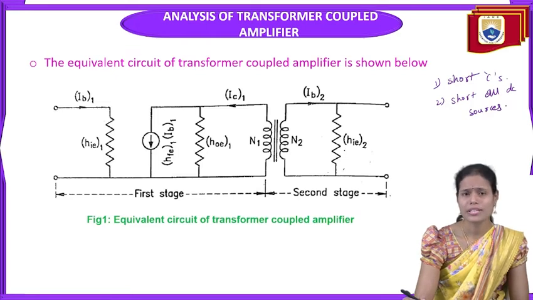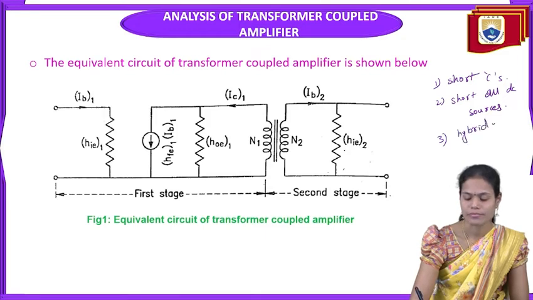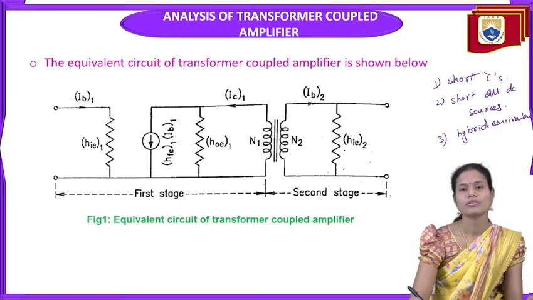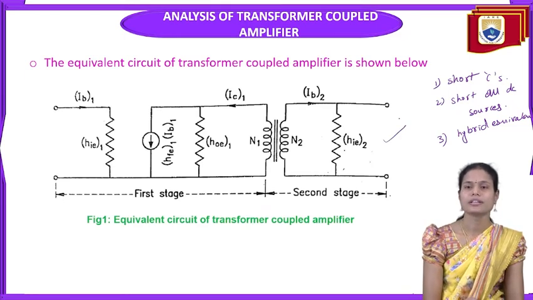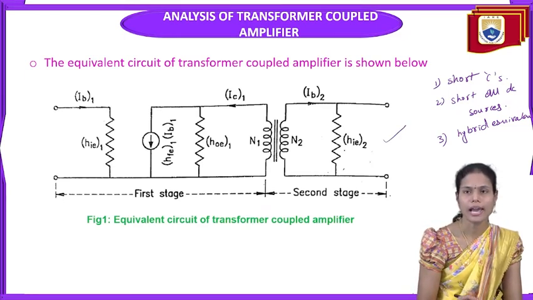These are the 2 basic requirements in order to get the equivalent circuit. And after making these 2, we have to represent the transistor in terms of hybrid equivalent circuit. So after applying these 3 steps, we will get the equivalent circuit of the transformer coupled amplifier.